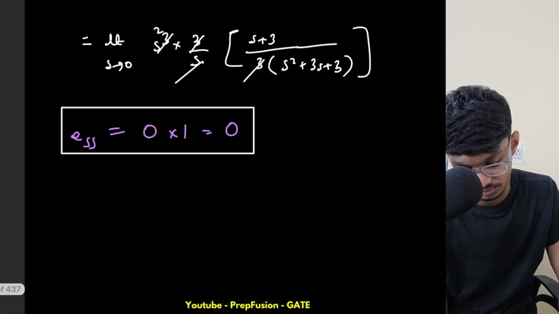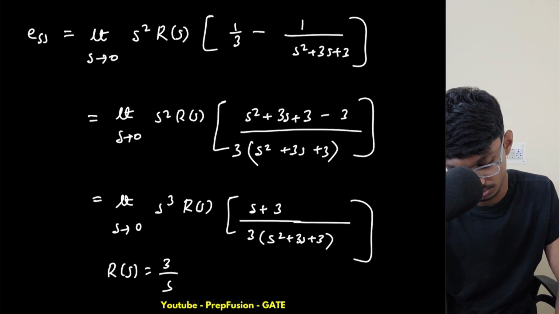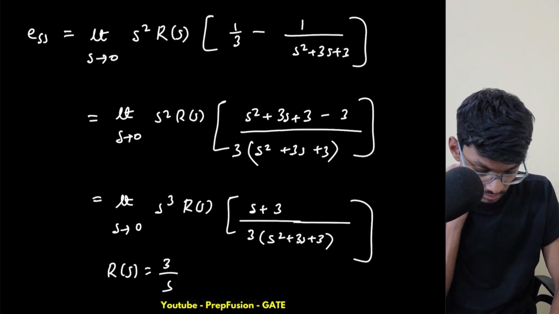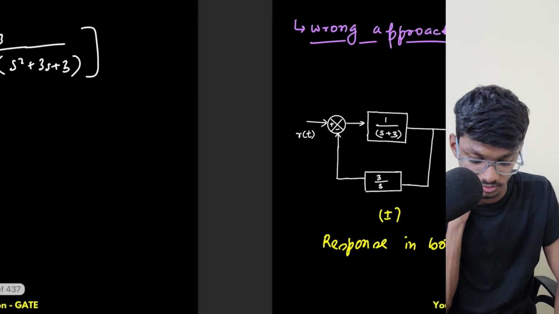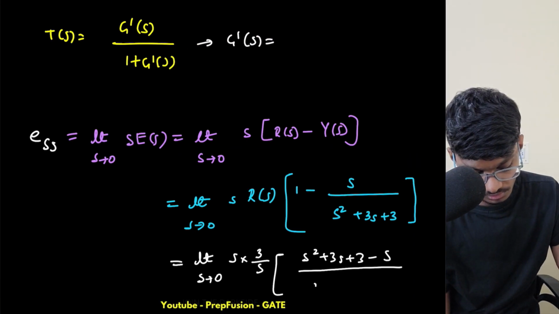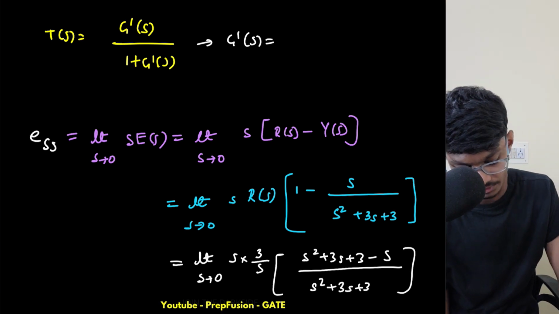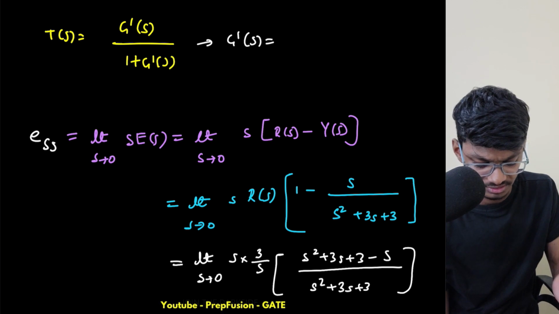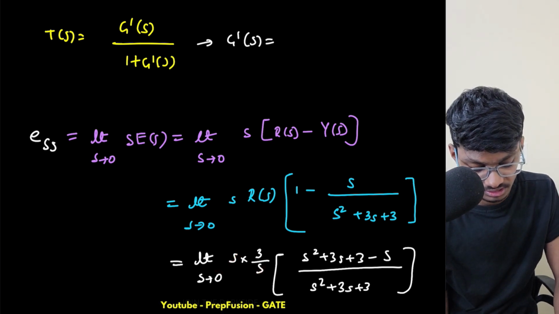Am I doing the previous question, did I do anything wrong here? Okay, this one was 3 by s, right? Yeah, s went over and s, that is fine. So this one will become s square plus 3s plus 3, right? Obviously here nothing is getting cancelled. This s is getting cancelled, and what am I getting?